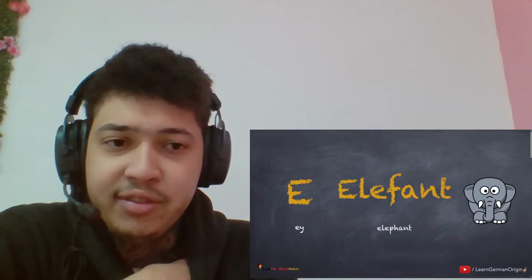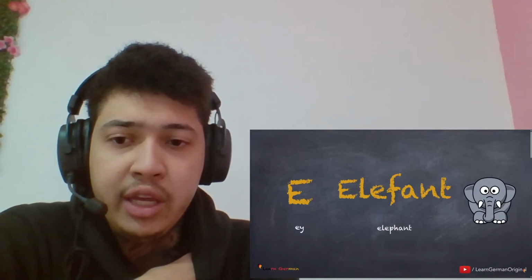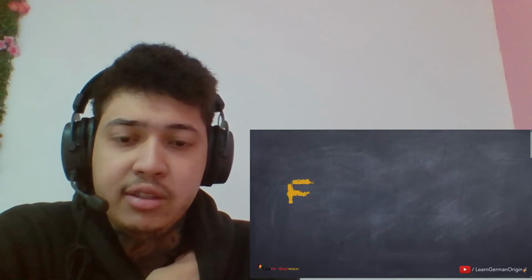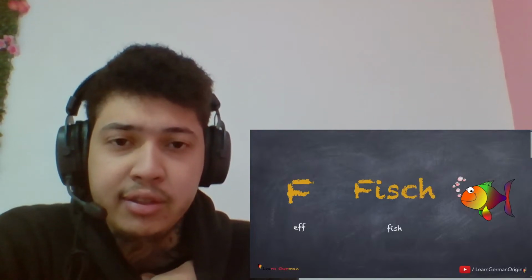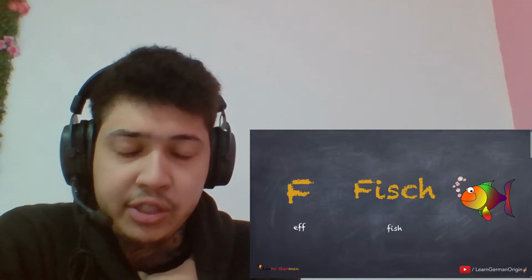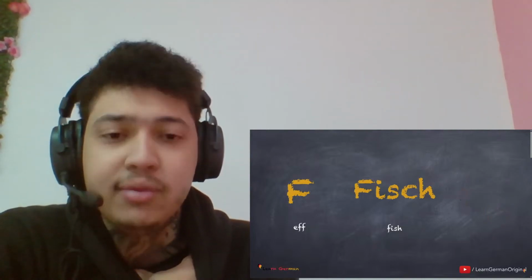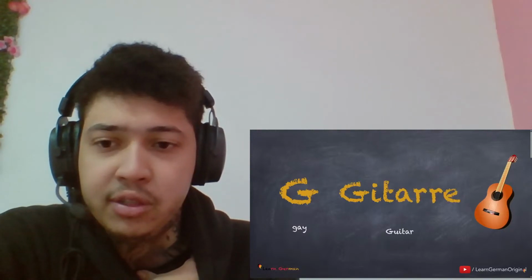E. Elephant. F. Fish. The same thing. It's just written differently. You pronounce fish the same way as you would pronounce it in English. It just changes the word structure.